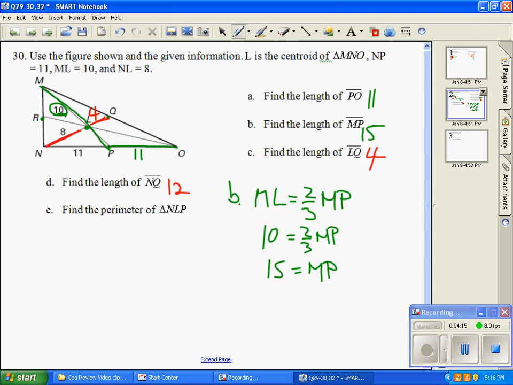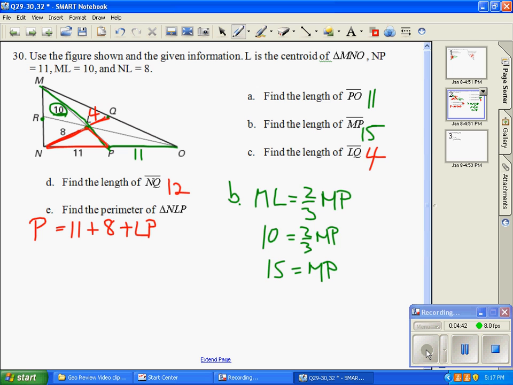And the last part, find the perimeter of NLP. Okay, so we have NLP right here. So we already have one side is 11, plus the other side is 8. And so we just have to find LP, and that's equal to the perimeter.